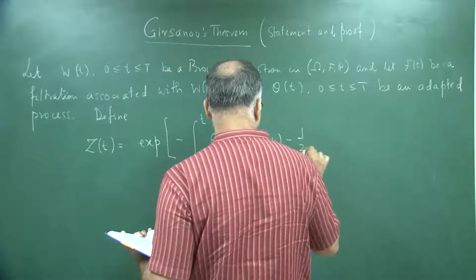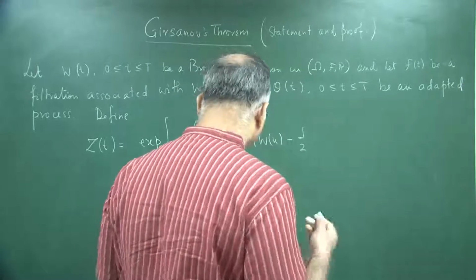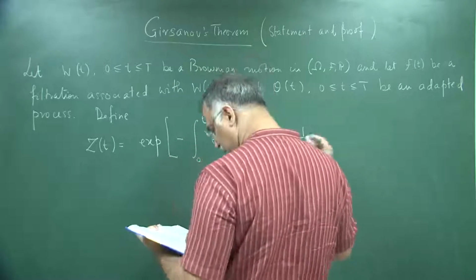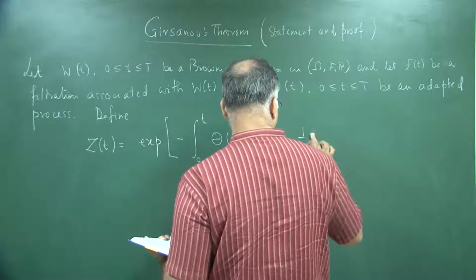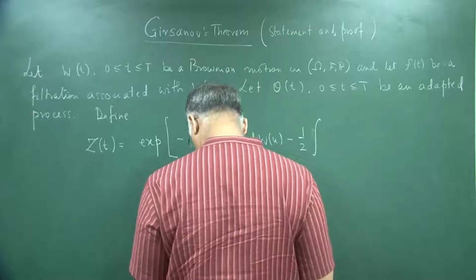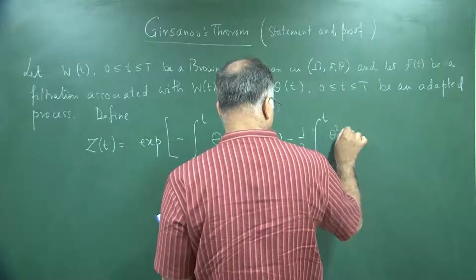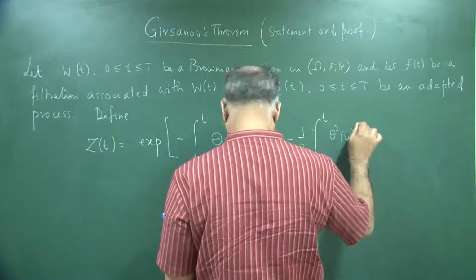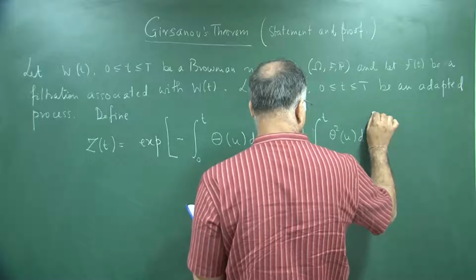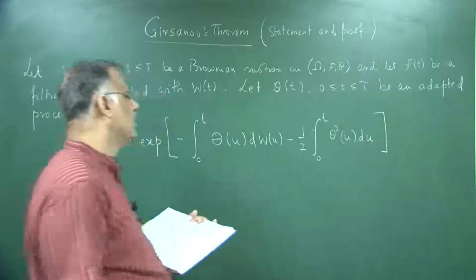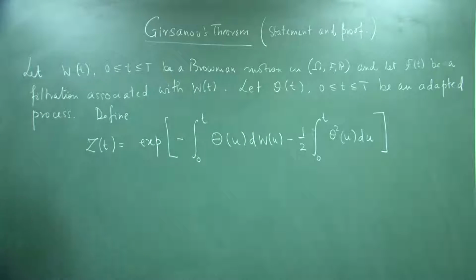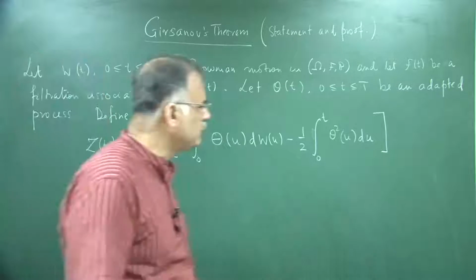You could feel that it is almost the type of thing that we wrote for the normal distribution, essentially related with geometric Brownian motion.